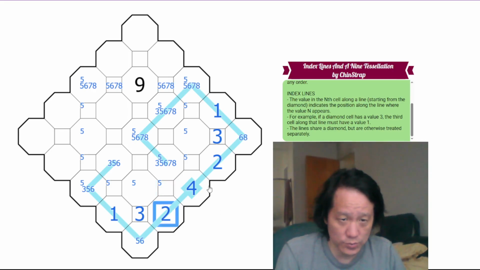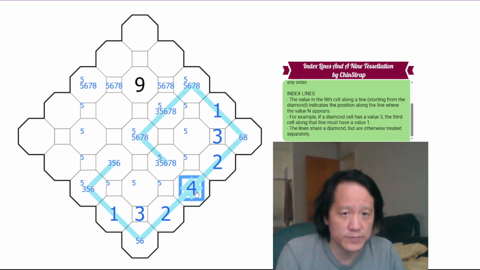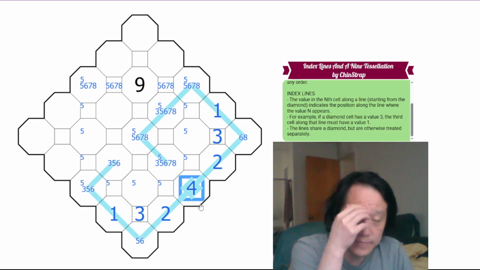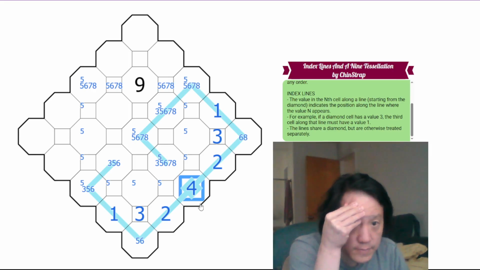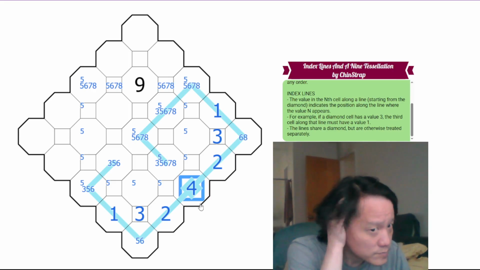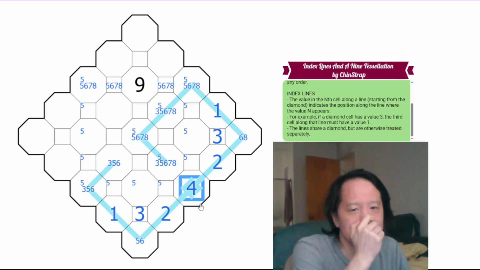This is 2, so you cannot have a 9 here. That doesn't tell us very much. So this does seem feasible. So 4 doesn't seem to overly restrict us.